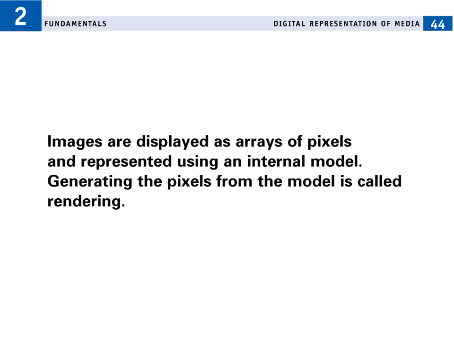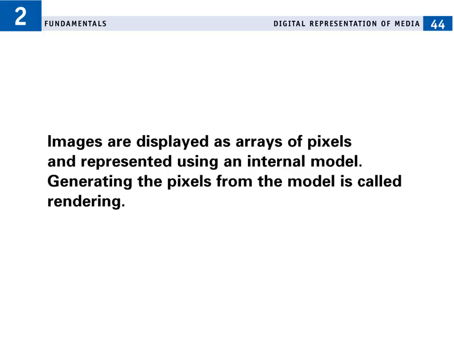For images, now we'll give some examples. The first is images. Images are represented as an array of pixels. Generating the pixels from the image is called rendering.